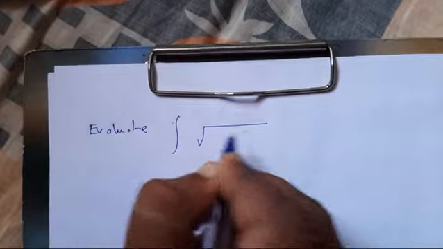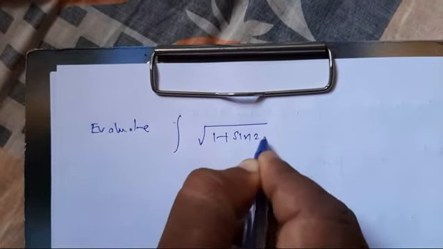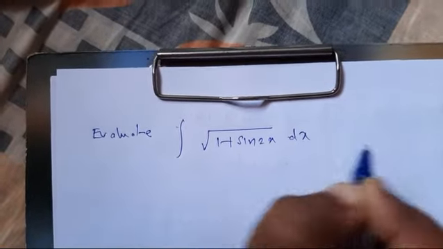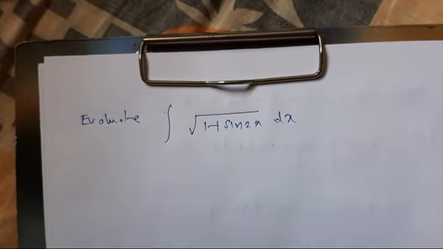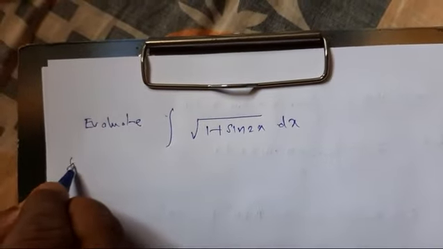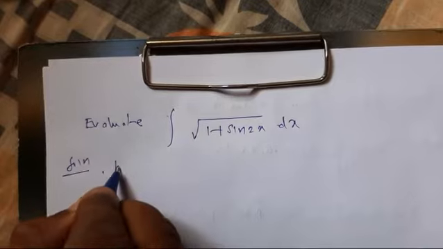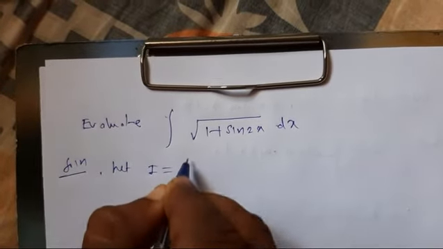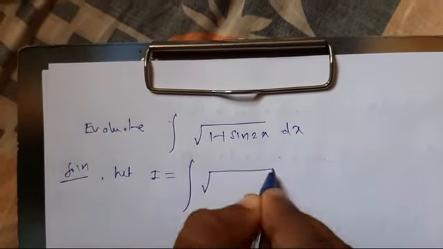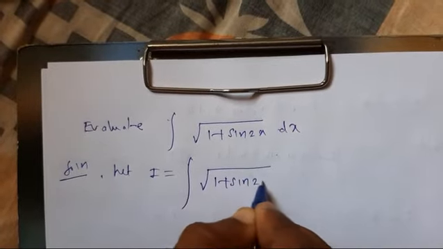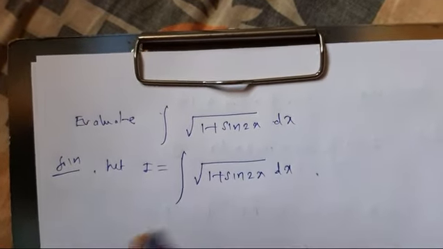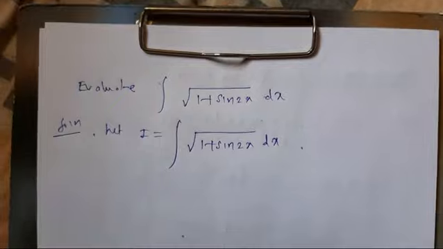the integration of under square root 1 plus sin 2x into dx. Let I is equal to the integration of square root of 1 plus sin 2x into dx.